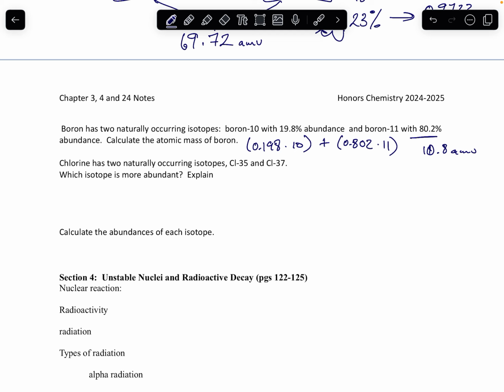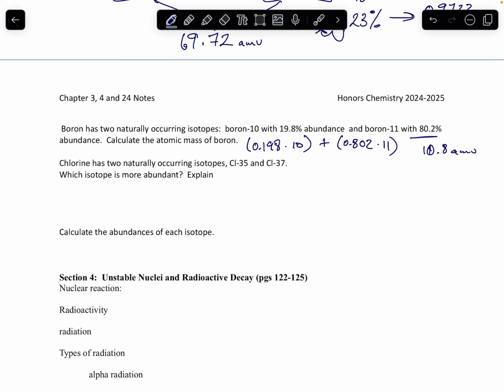Okay. Lastly here, let's take a look at chlorine. Okay, chlorine has two naturally occurring isotopes, 35 and 37. It's asking which isotope is more abundant. Okay, well, we don't have any other information here. Or do we? Okay, if I look at the periodic table, I'm going to find chlorine. That's number 17, Cl on the right-hand side.